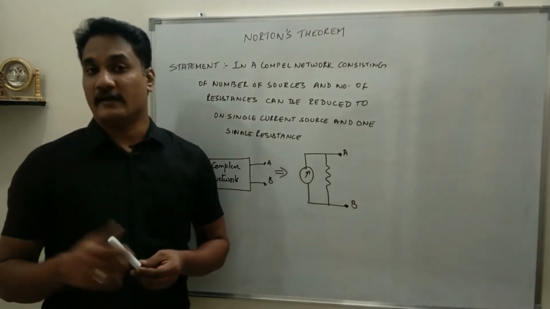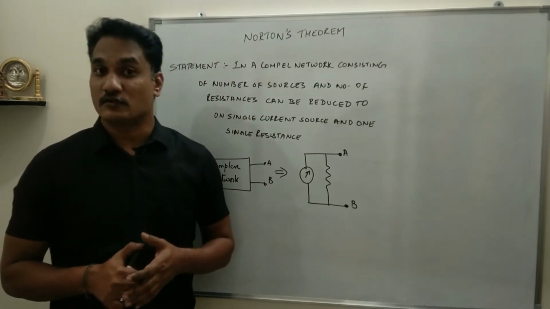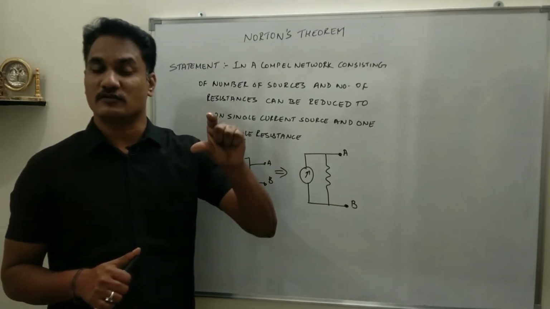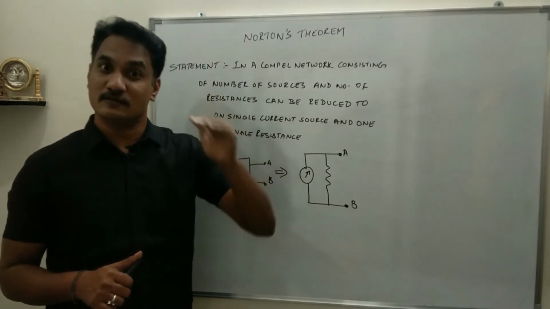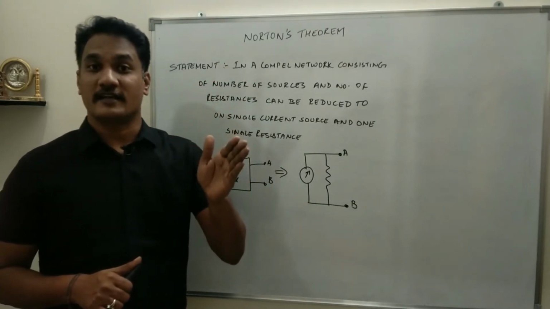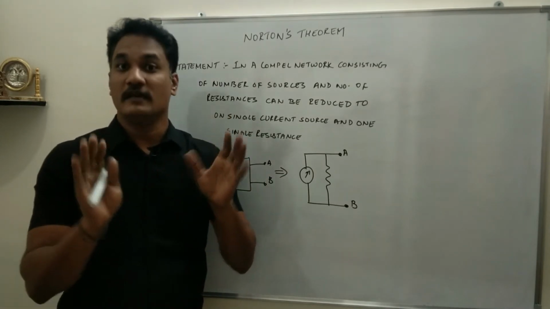If you remember, I have explained to you practical current source and practical voltage source. So in practical or ideal voltage source, I have connected internal impedance in series with the source, and in practical and ideal current source, I have connected the internal impedance in parallel to the current source. So this thing has to be remembered.